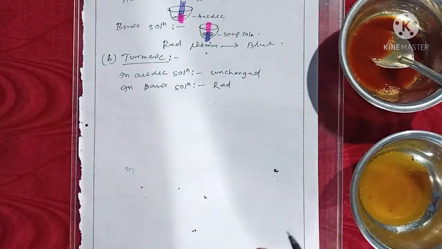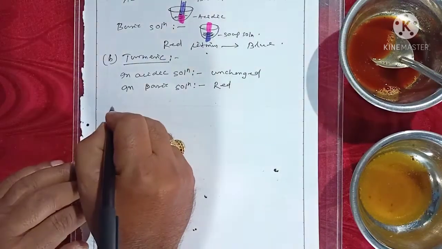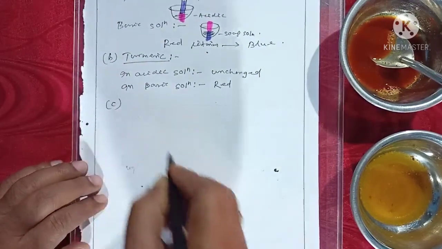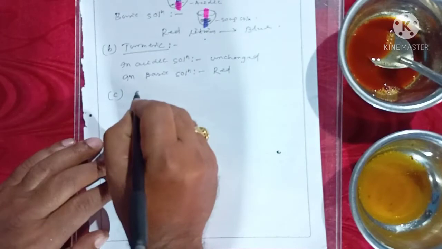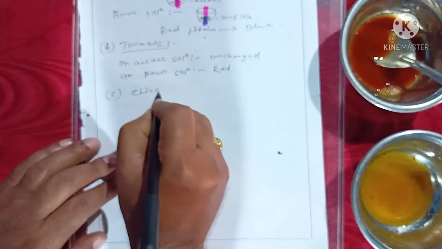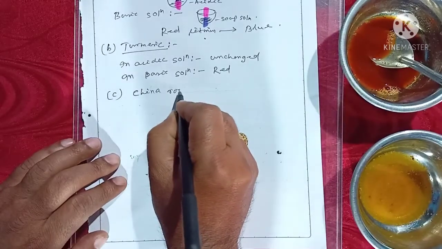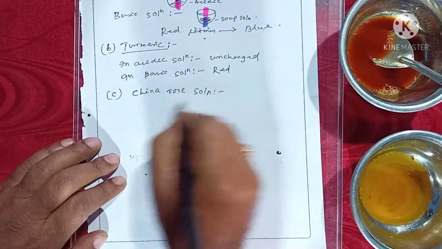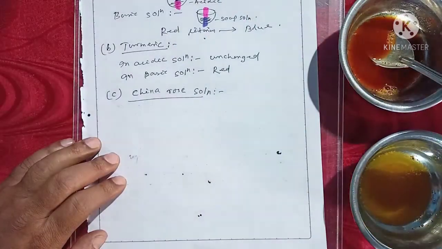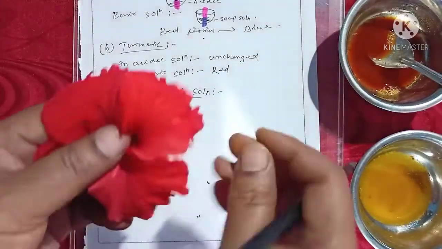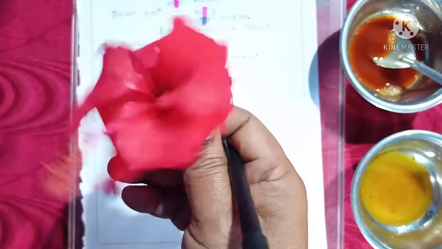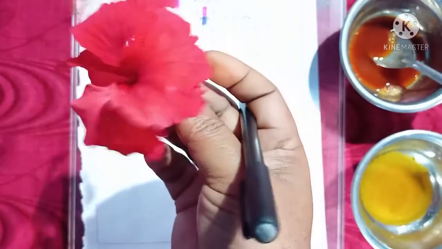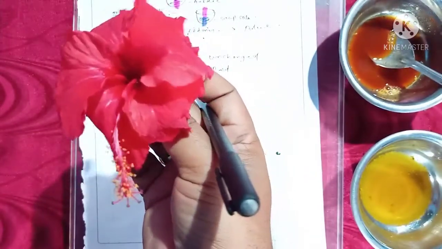So the next indicator is your China rose solution. This is your China rose flower. It is plentifully available everywhere throughout India.